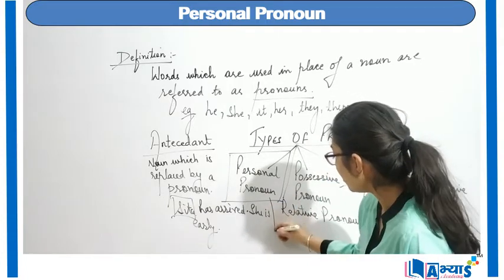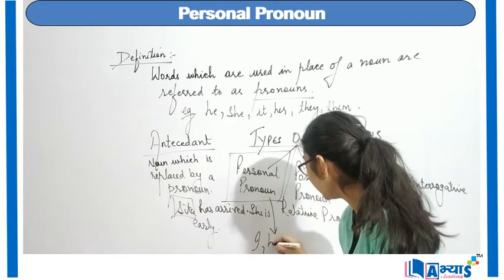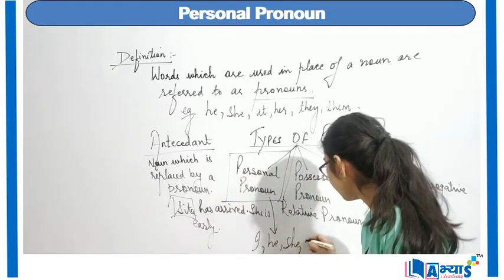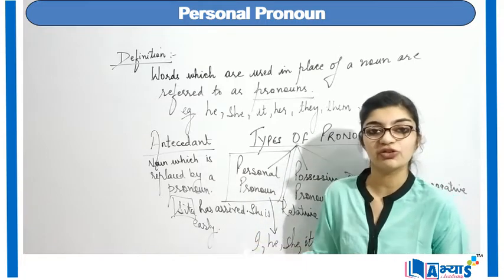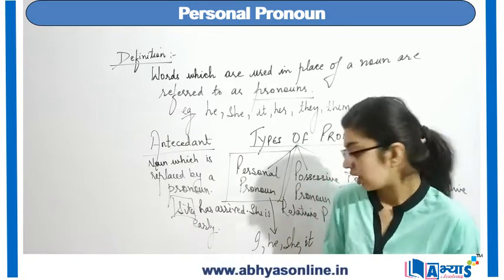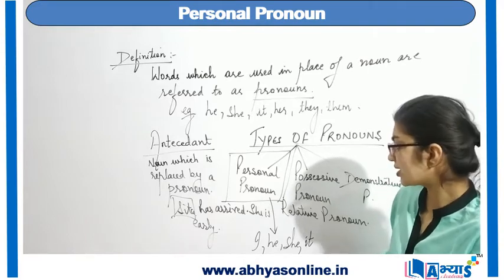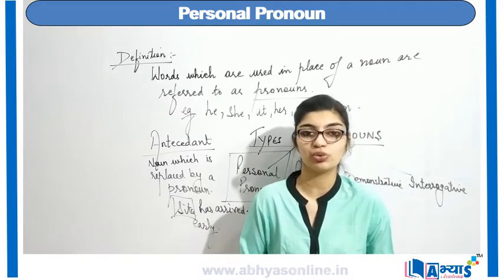Examples of personal pronouns are I, he, she, it. All these are examples of personal pronouns because we are associating a particular person or a particular thing, right? Now, personal pronouns can be further divided into 2 types.